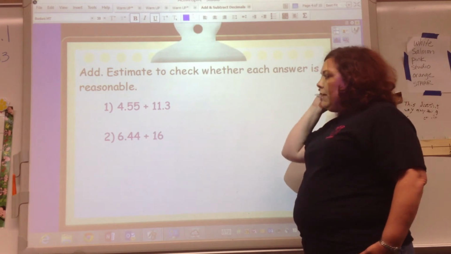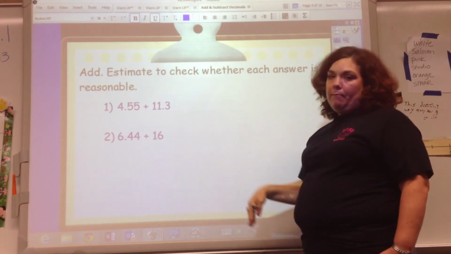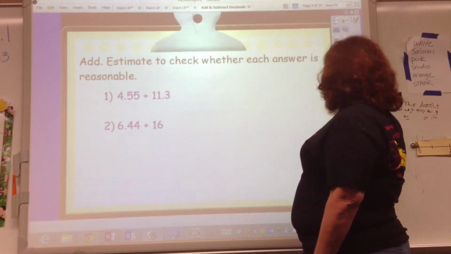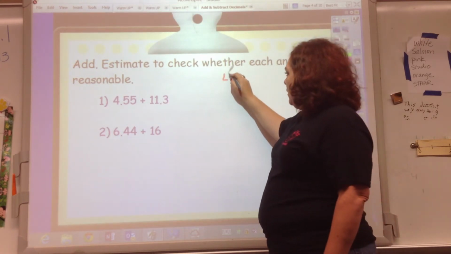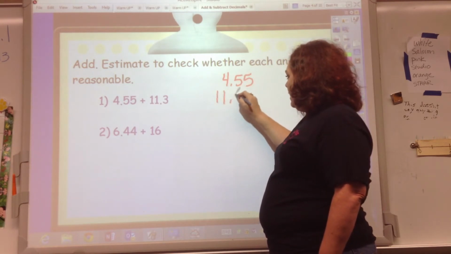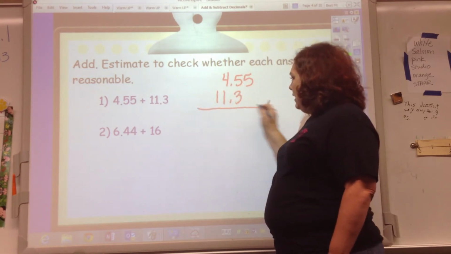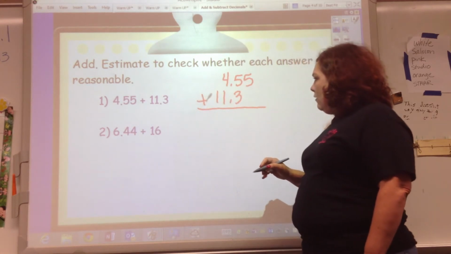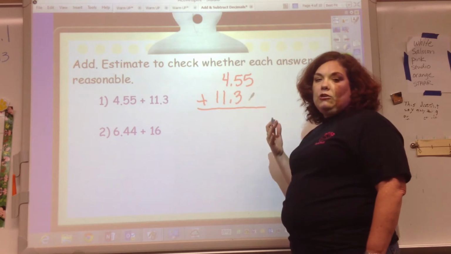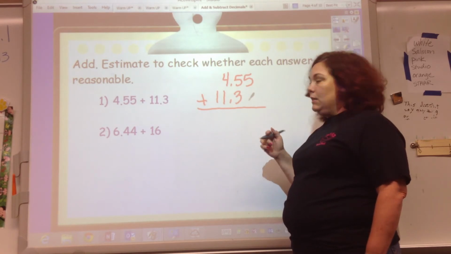If you're looking at just the numbers themselves, I will show you an example. 4 and 55/100ths, and 11 and 3/10ths, and I'm adding. Now there is a hole right here, and if I add a 0, it doesn't change the value, and that's called annexing a 0.